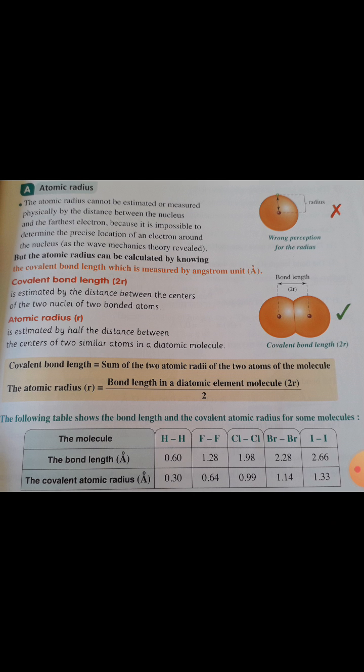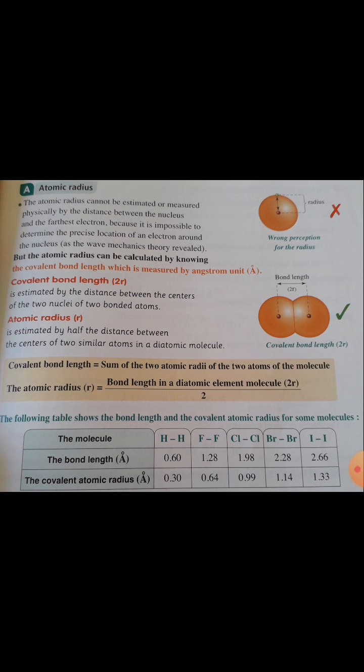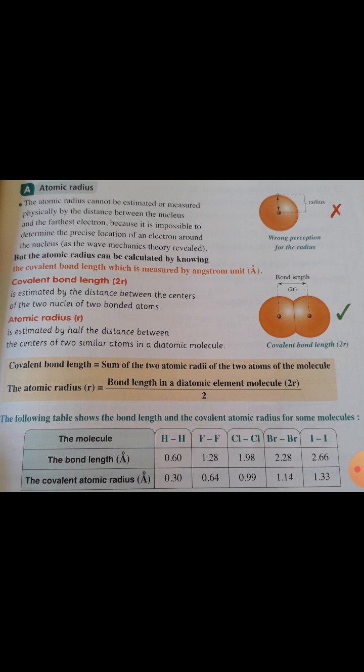It's wrong to define the atomic radius as a distance between the nucleus and the furthest electron, because according to Schrödinger, we cannot determine the position of the electron. We have electron clouds and orbitals. So, it's better to describe it as the following.